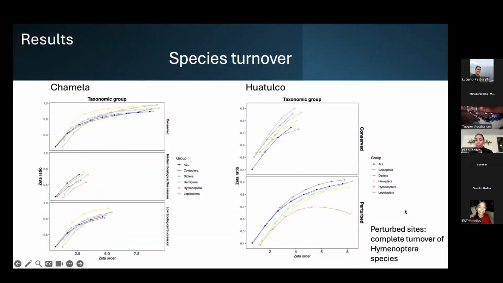While in Huatulco, in perturbed sites we see complete turnover in Hymenoptera, suggesting that perturbed sites are the ones where the turnover in Hymenoptera is greater.